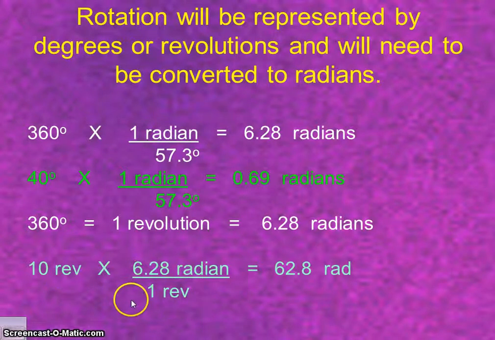Revolution goes on the bottom. So you're going to be 10 times 6.28, and you're left with 62.8 radians. That easy. Most of the time you're going to be dealing with this one here. So you just have to remember, if you have a revolution, you multiply it by 6.28 radians per revolution, and you get radians.